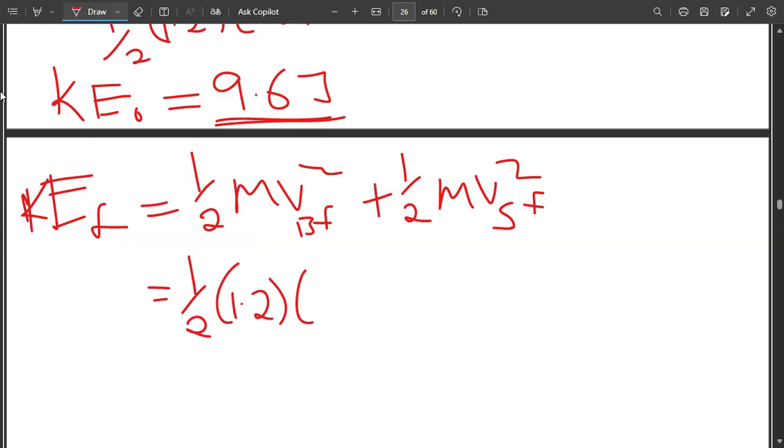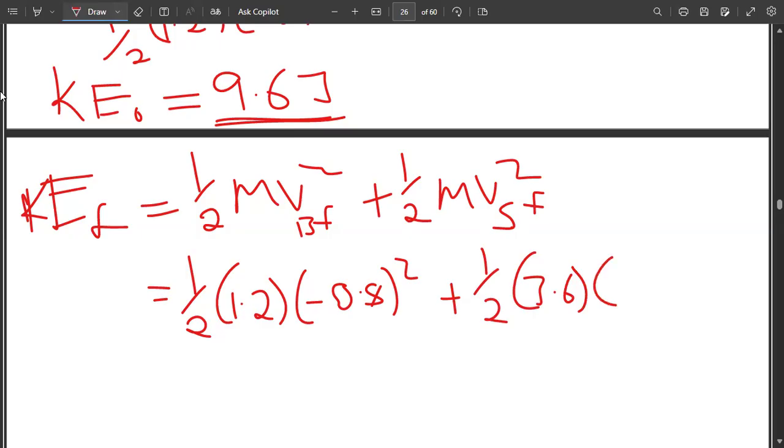The final velocity of B was negative 0.8 squared. I have plus half 3.6. The final velocity we've just calculated to be 1.6, 1.6 squared, like that.